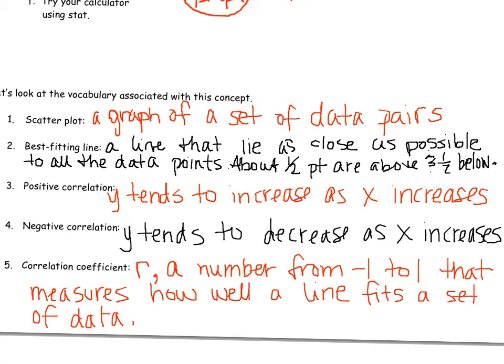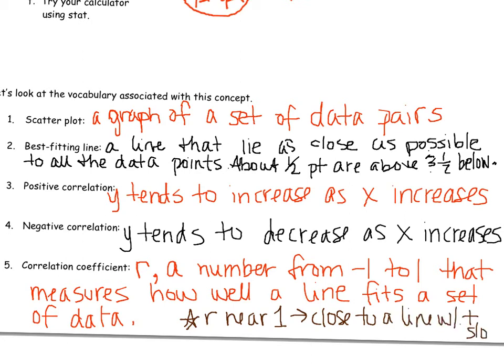Okay, so here's something to remember. If R is near 1, it's close to a line with a positive slope.